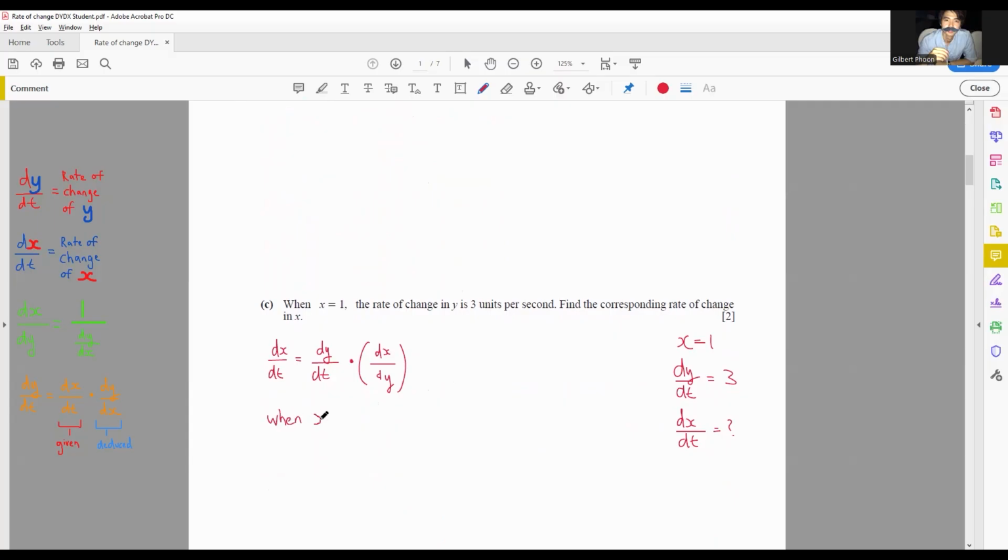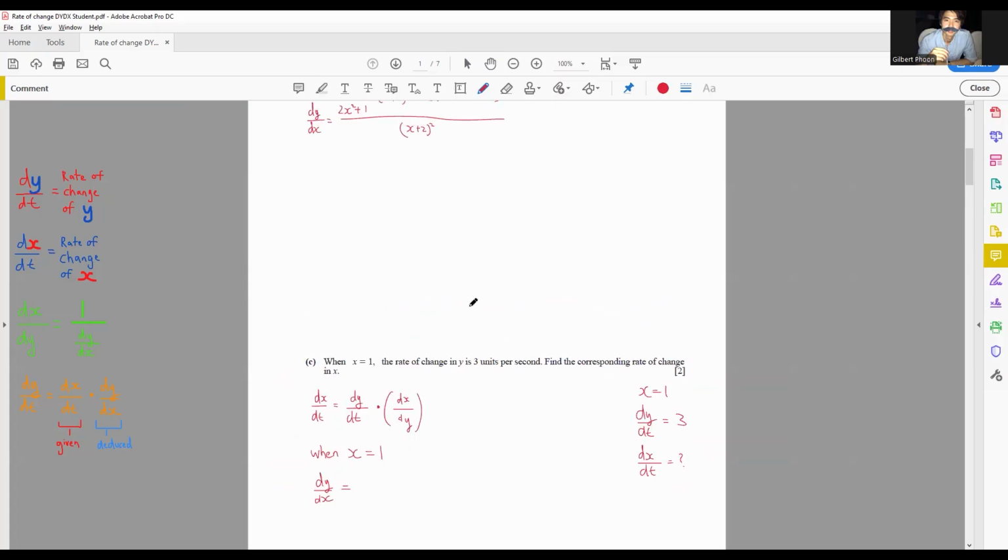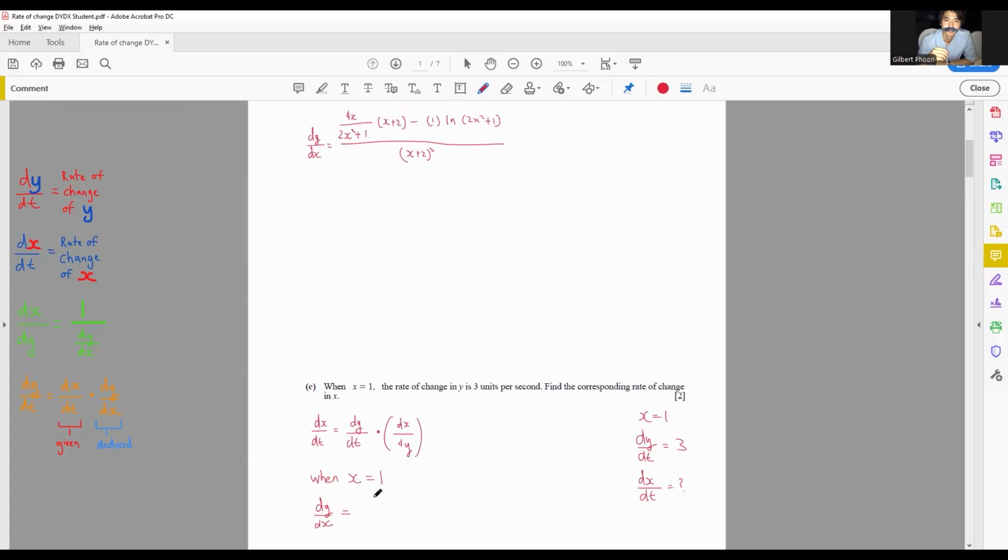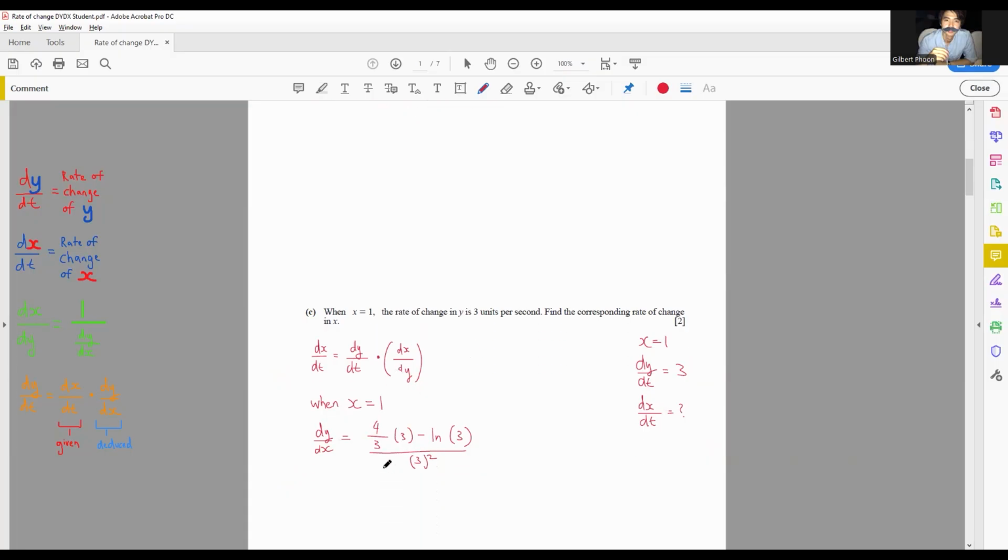When x equals 1, then dy/dx is, looking back at the top part here, 4 over (2 plus 1) which is 3, then multiplied by 3, minus ln of (2 plus 1), that's ln 3, over (1 plus 2), which is 3 squared. Simplifying the whole thing, you would have gotten (4 minus ln 3) over 9.